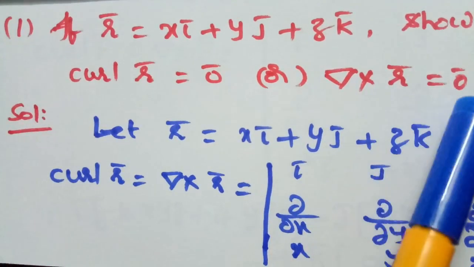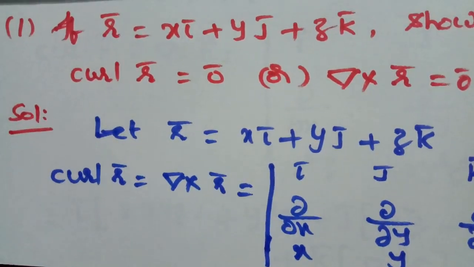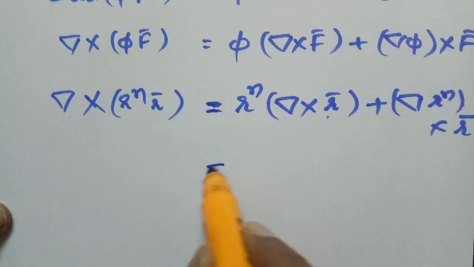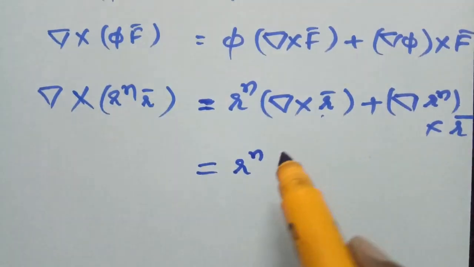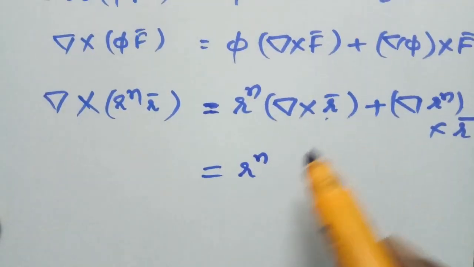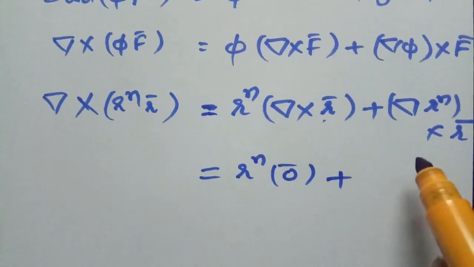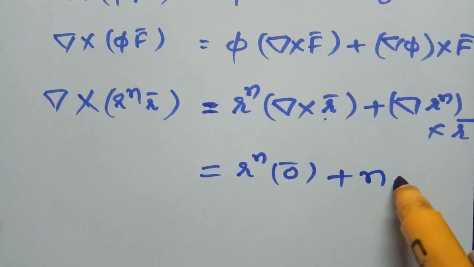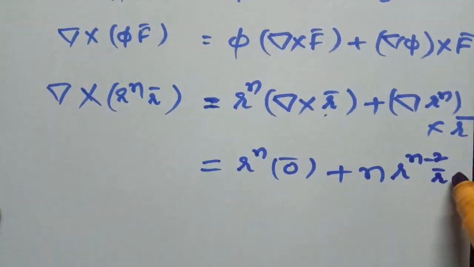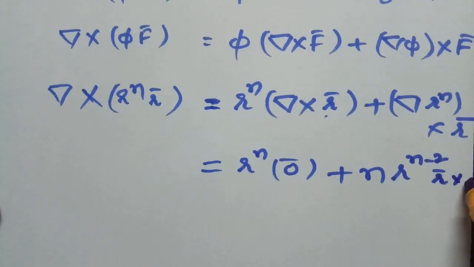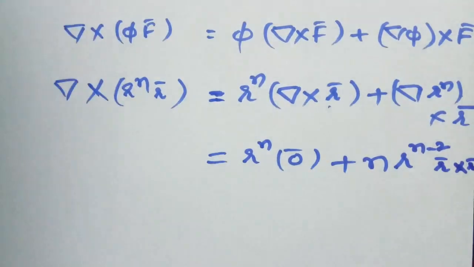Del cross r bar is equal to 0 bar, or curl r bar is equal to 0 bar. Therefore, this is equal to r power n into del cross r bar, which we just showed is 0 bar, plus del r power n, that is n into r to the power of n minus 2 into r bar cross r bar.